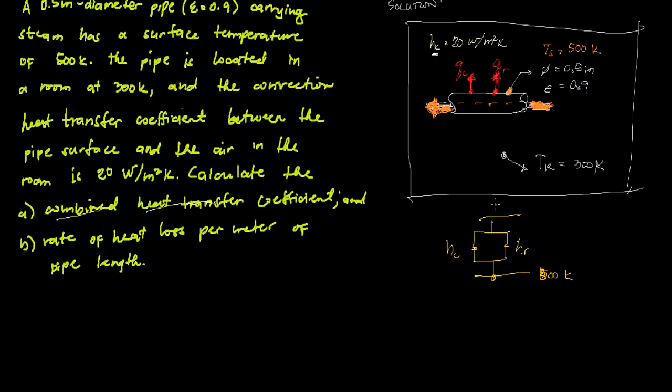Then we have here the room temperature, which is 300K. Okay, so we have two modes of heat transfer.